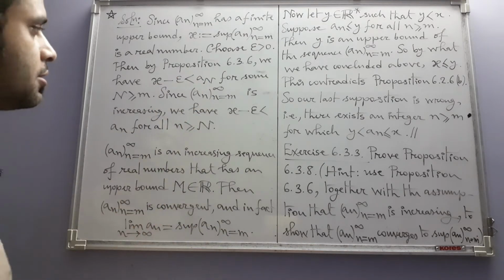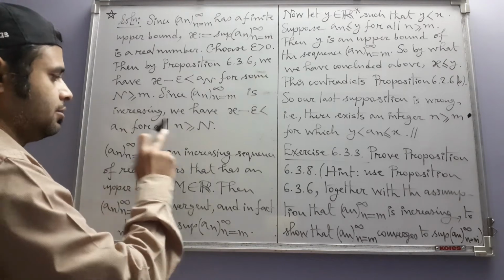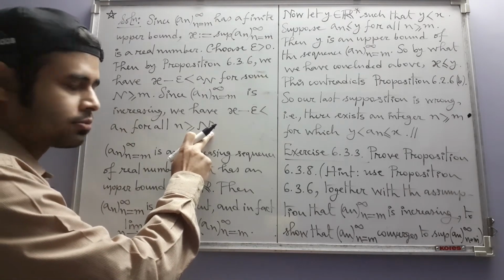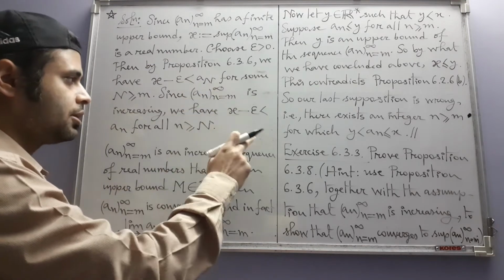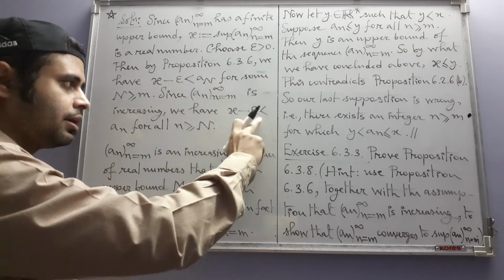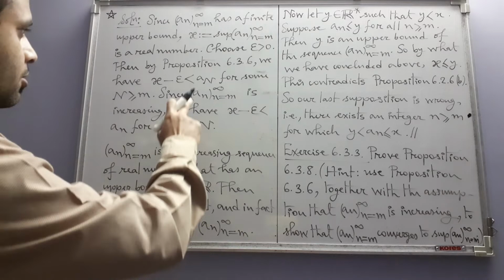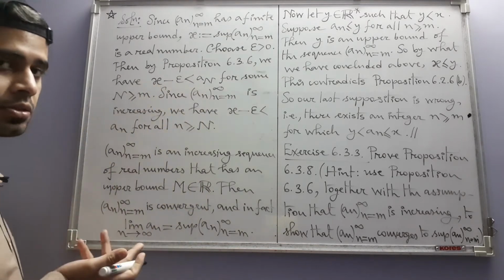So automatically, all these a_n where n is greater than or equal to N are greater than or equal to a_N, so all of them will be greater than x minus epsilon also, because a_N itself is greater than x minus epsilon.